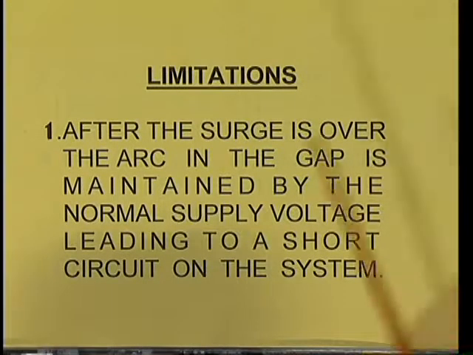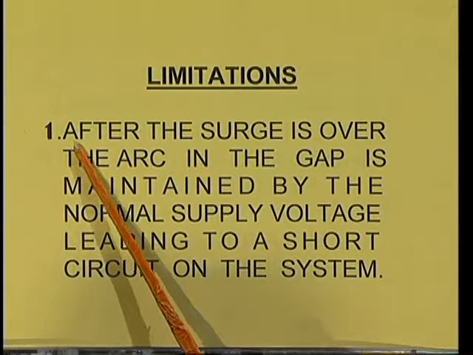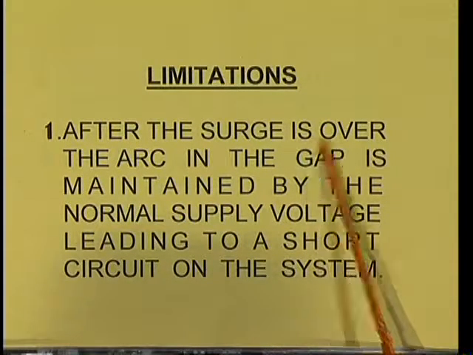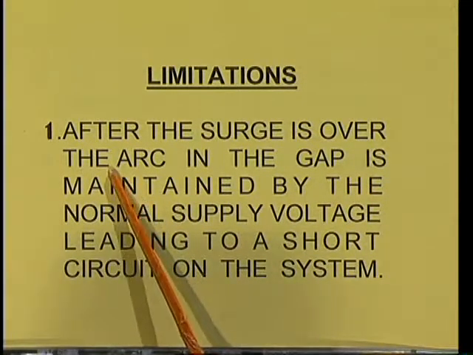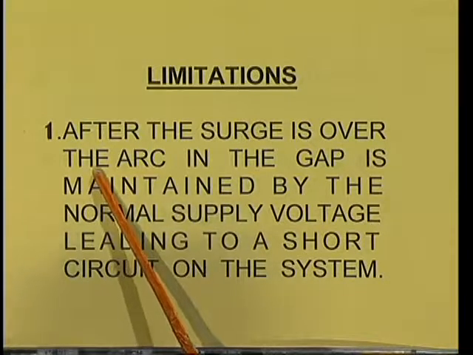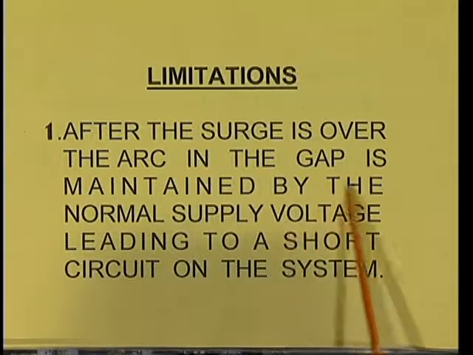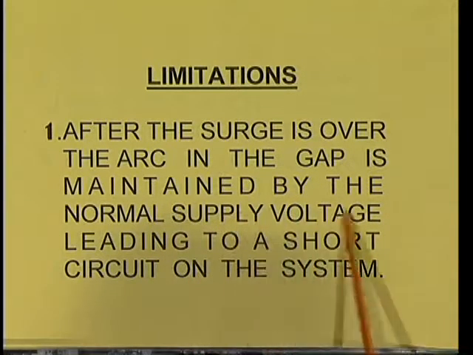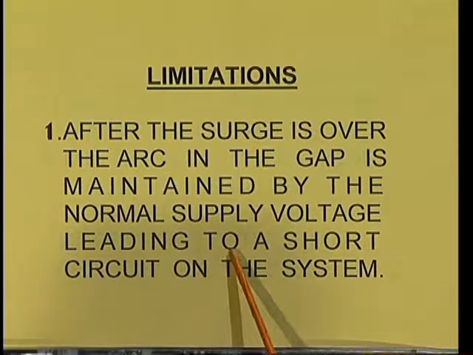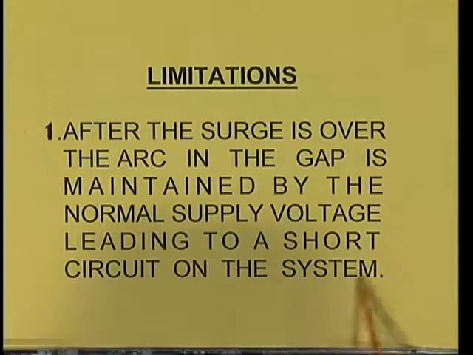Of course, the lightning arrestor has some limitations. Limitations of the rod gap arrestors. First one: after the surge is over, that is, after the high voltage discharge is over, the arc in the gap is maintained by the normal supply voltage, leading to a short circuit on the system.